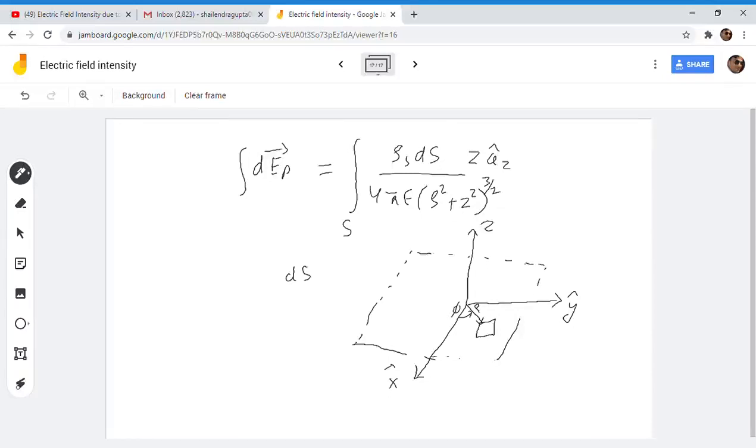In rho direction, how much is it? This is just d rho. In rho direction it is displaced by d rho, and in phi direction, how much has it changed? It has changed by this much arc. I'm talking about this arc. How much is this arc?